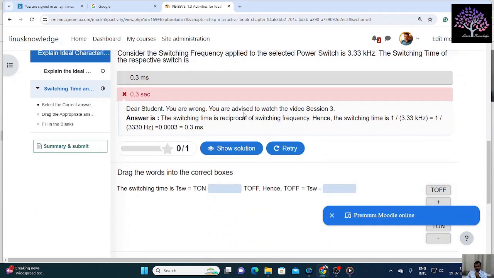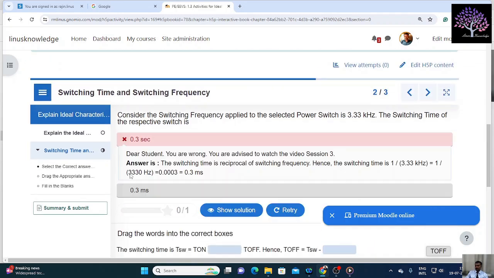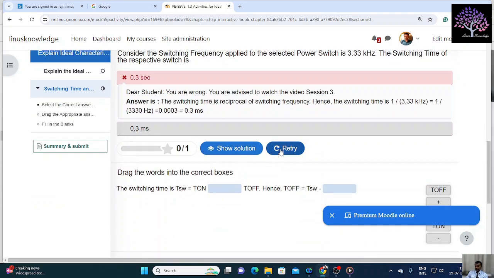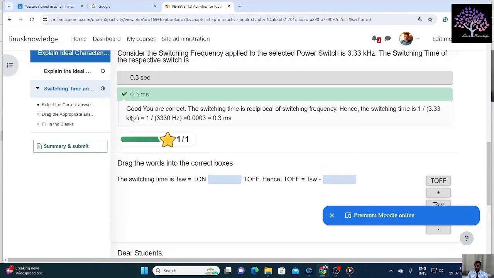It is advised to watch the video session 3. The answer hint is given on how it will be 0.3 milliseconds. The points will also be 0, so you can retry and understand it and try again, so that you get the correct answer, and you can score 1 out of 1.